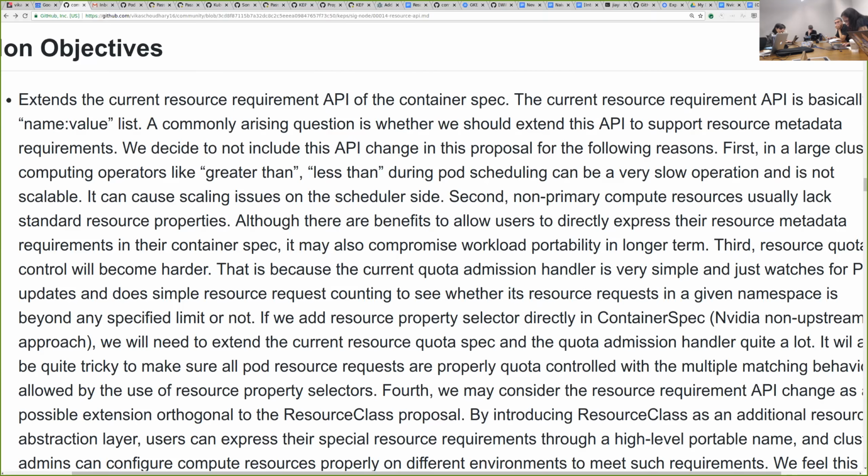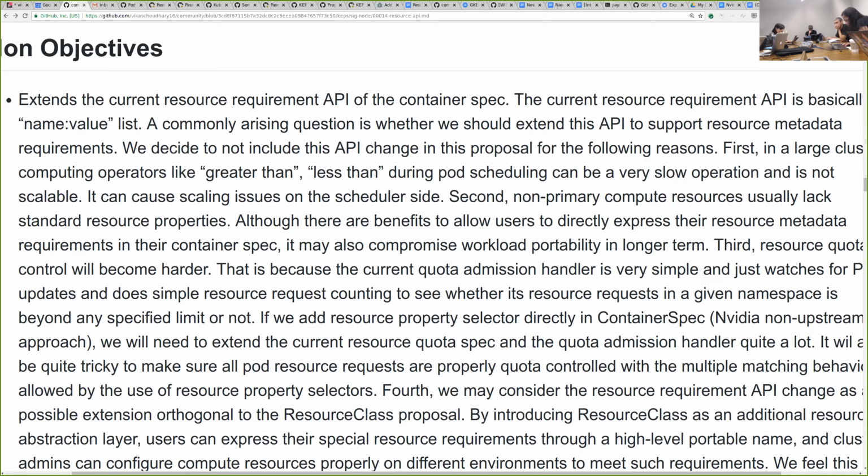Another reason is that allowing people to directly specify metadata requirements in the container spec, although it provides some convenience, could hurt workload portability in the longer term. I think that's also part of the reason why storage class was introduced after PVC.